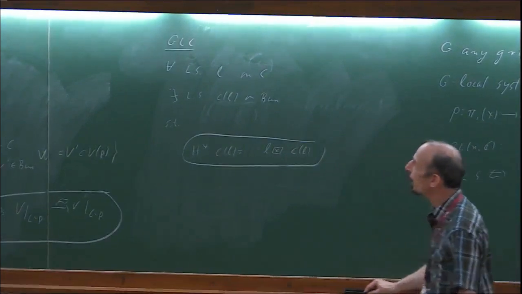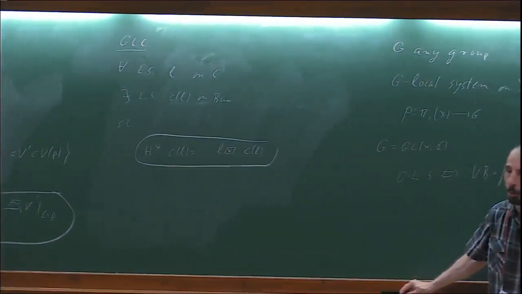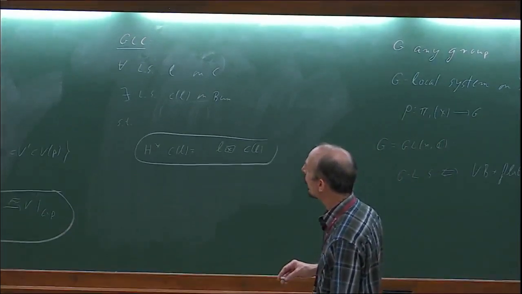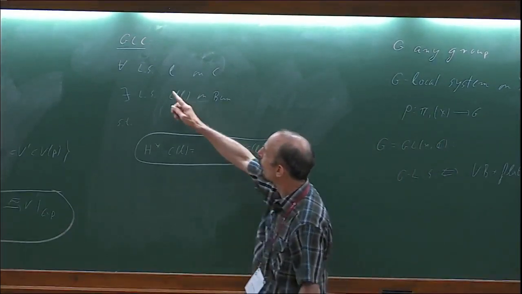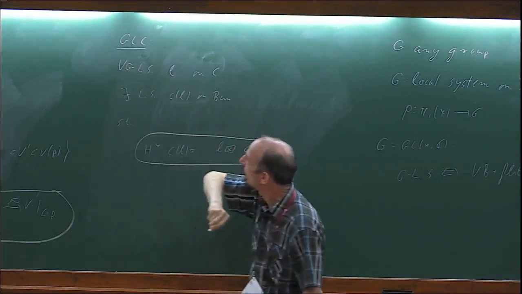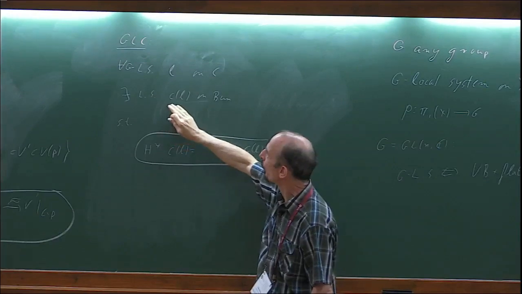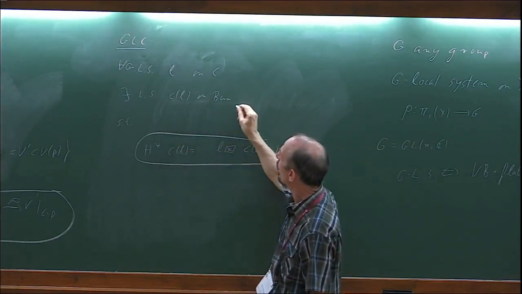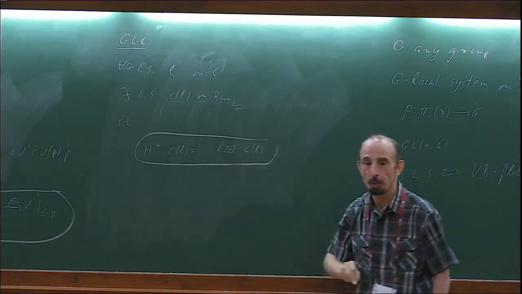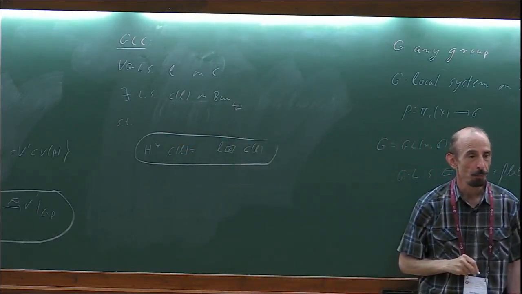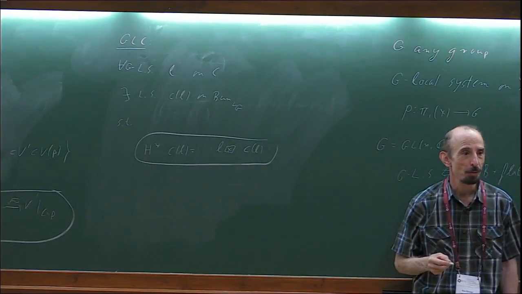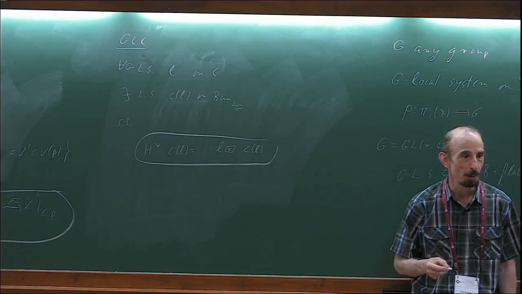There are still several things here that aren't quite right. One thing that I'm hiding here is the group. So for every local system L on C with structure group G, there exists a local system C of L on Bun, but it's not Bun with structure group G, it's Bun with structure group the Langlands dual of G. GL_N happens to be one of the few cases where the Langlands dual of the group is itself.